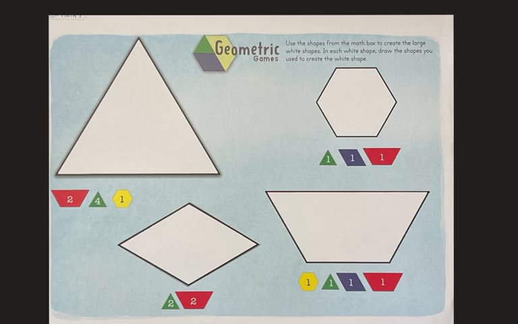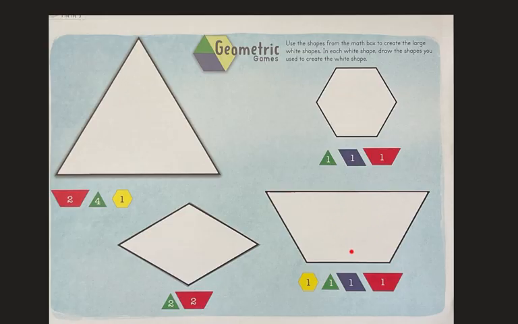For this triangle, you're going to use 2 of the red trapezoids, 4 of the green triangles, and 1 yellow hexagon. For this hexagon shape, hex and 6 both have an X, you're going to use 1 green triangle, 1 blue parallelogram, and 1 red trapezoid. In this rhombus shape, you're going to use 2 green triangles and 2 of the red trapezoids.